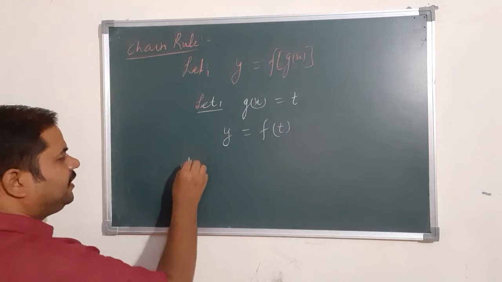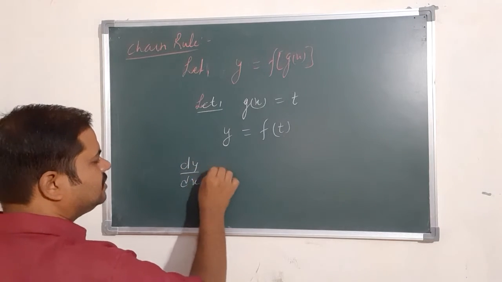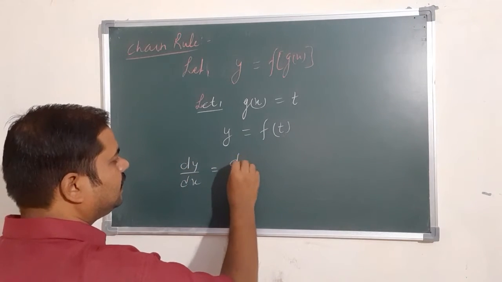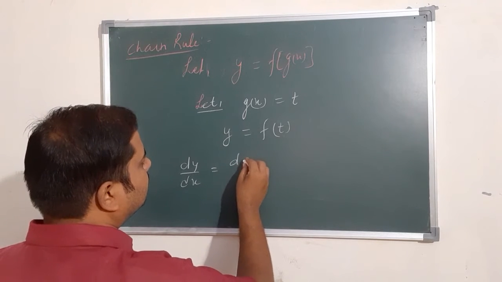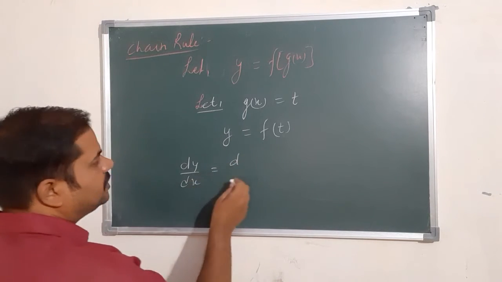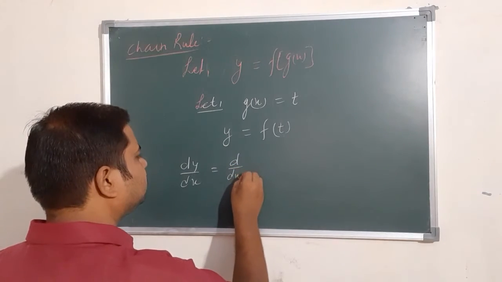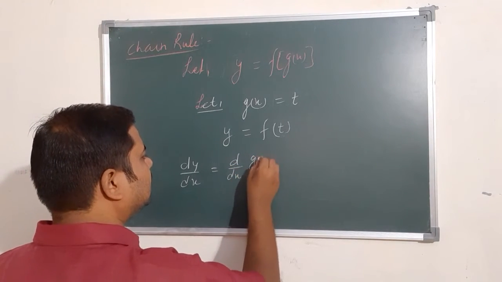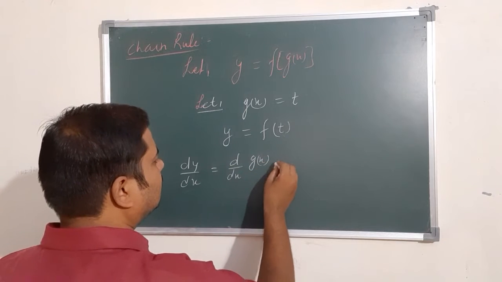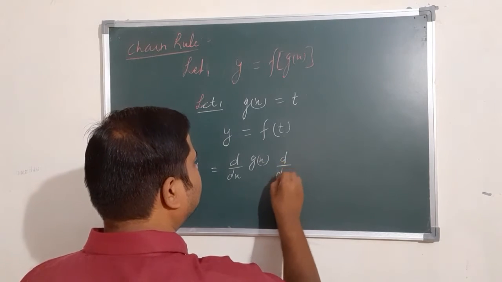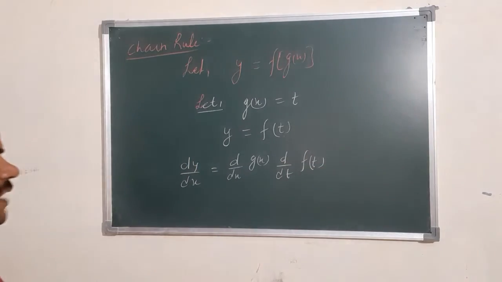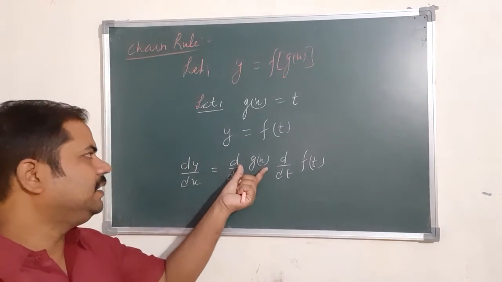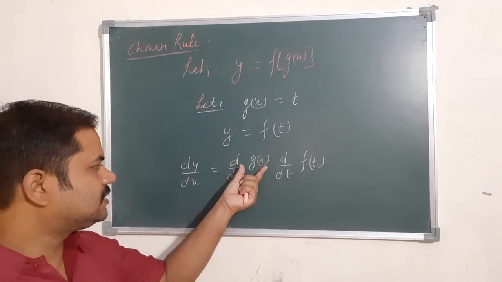Now dy by dx is nothing but d by dt of f(t) into d by dx of g(x).